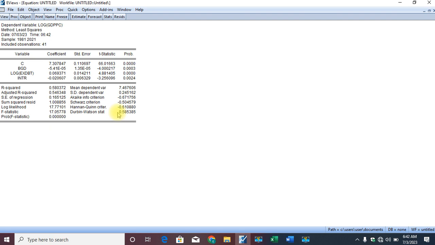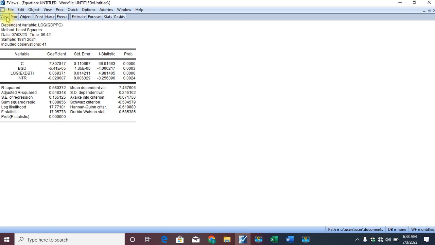I told you that the Durbin-Watson statistic ranges from 1.50 to 2.50, and any value lower or higher than this range shows the presence of autocorrelation. To check the validity of such a claim, we are going to move on to autocorrelation estimation.